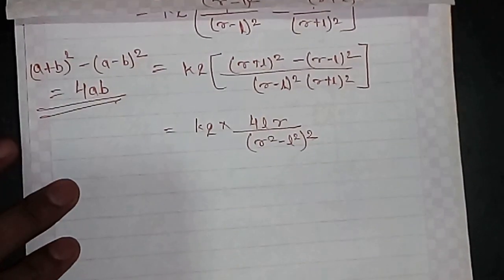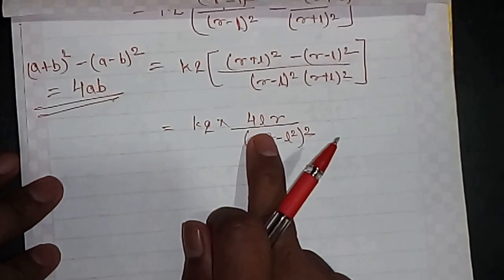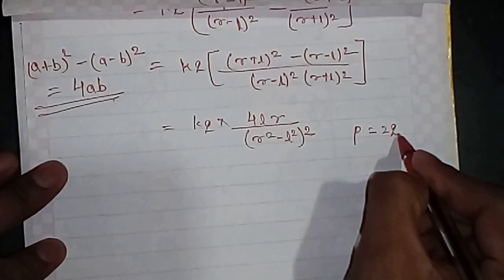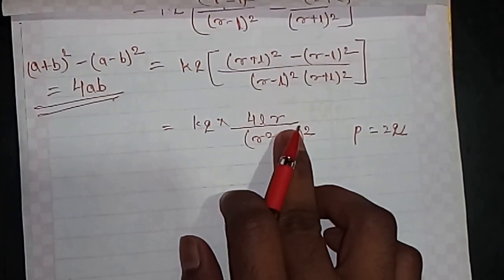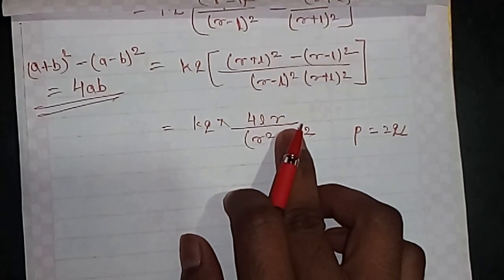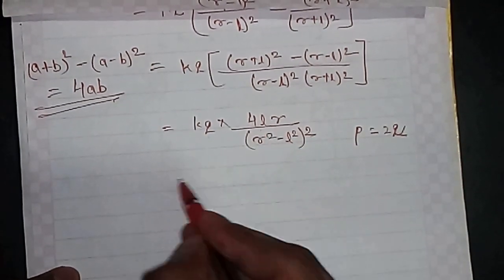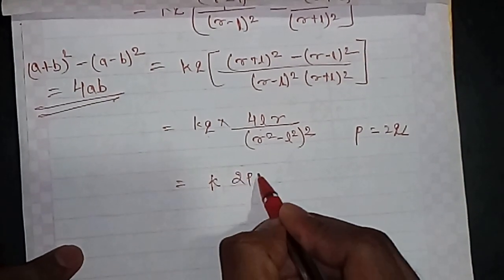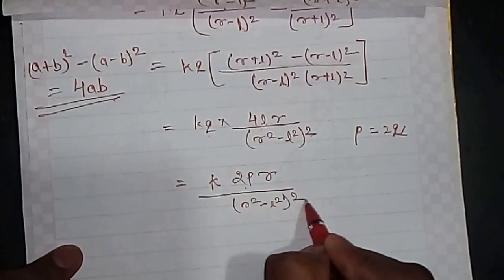We know that the dipole moment P is equal to 2qL. So in 4Lr we can take 2L common, and with q we get the dipole moment, so we can write E is equal to k into 2pr upon (r square minus L square) whole square.